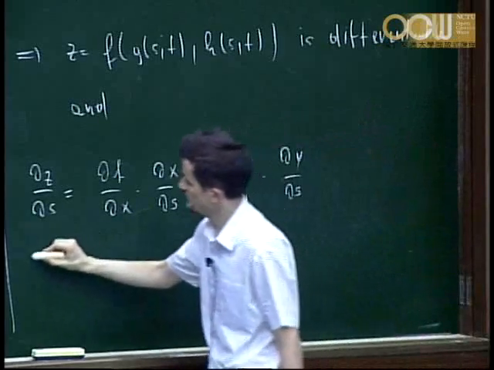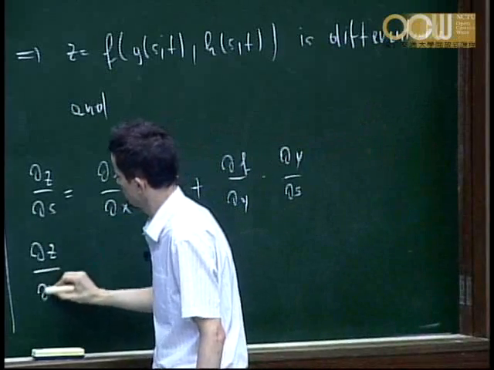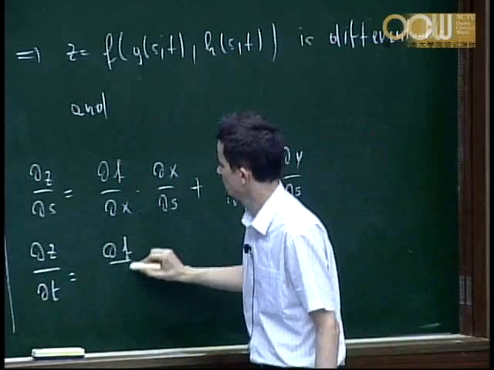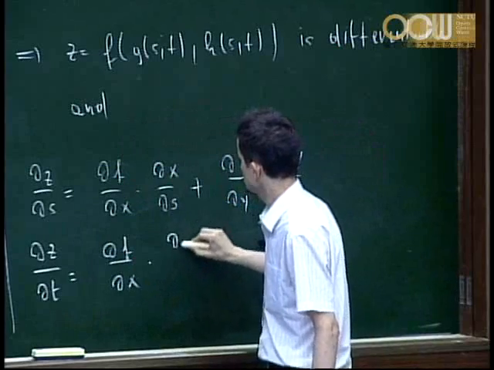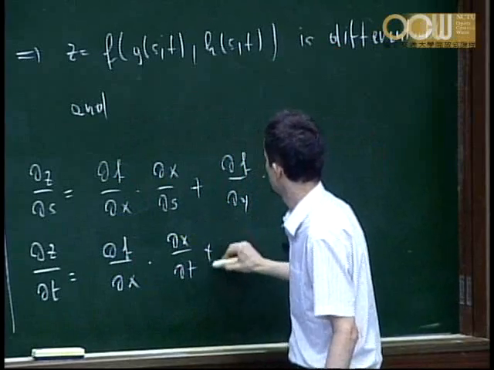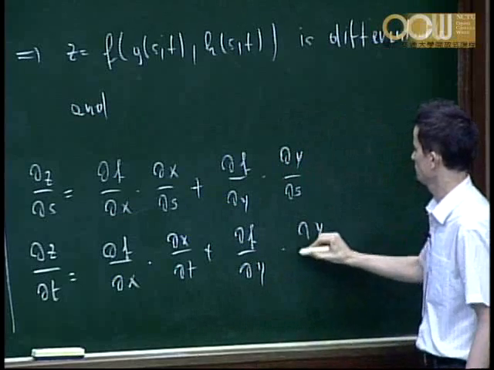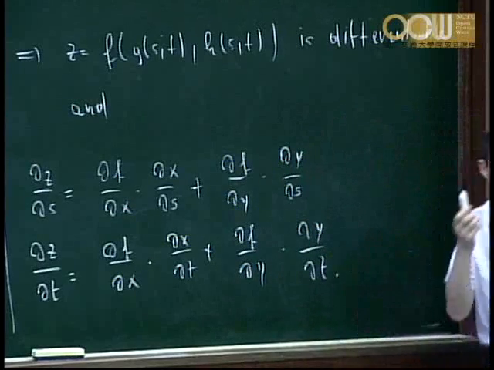And for the partial derivative of z with respect to t, the same. You have the partial derivative of f with respect to x times the partial derivative of x with respect to t, plus the partial derivative of f with respect to y times the partial derivative of y with respect to t.